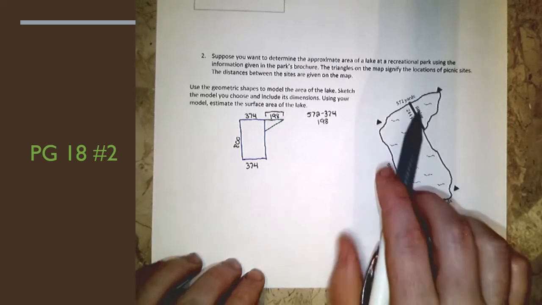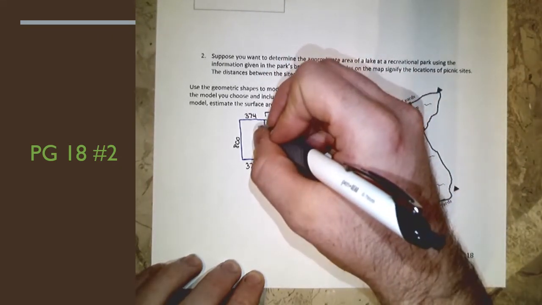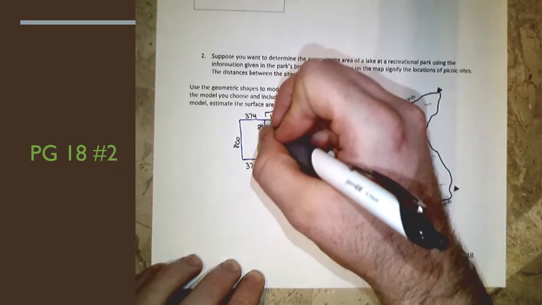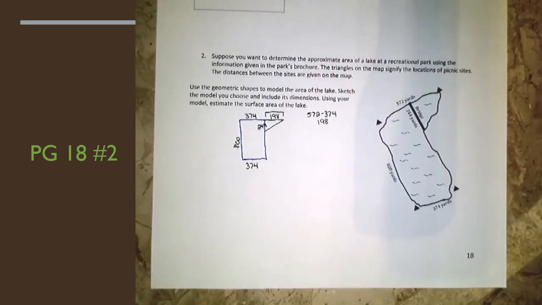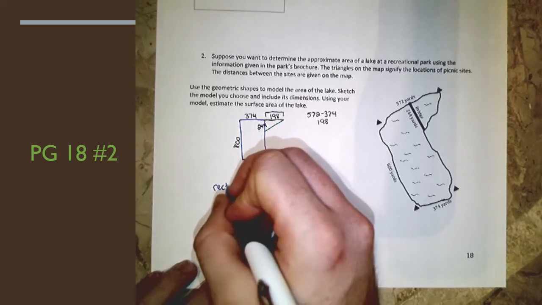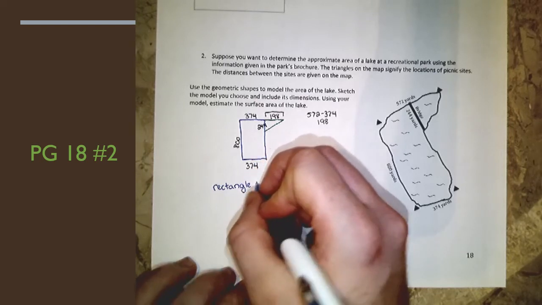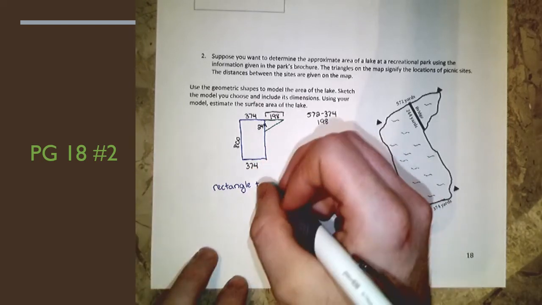And then they say that you have like a little bridge here. So the base of my triangle would be 244. So in order to find what we're looking for, we are going to want to do the area of a rectangle plus the area of the triangle.